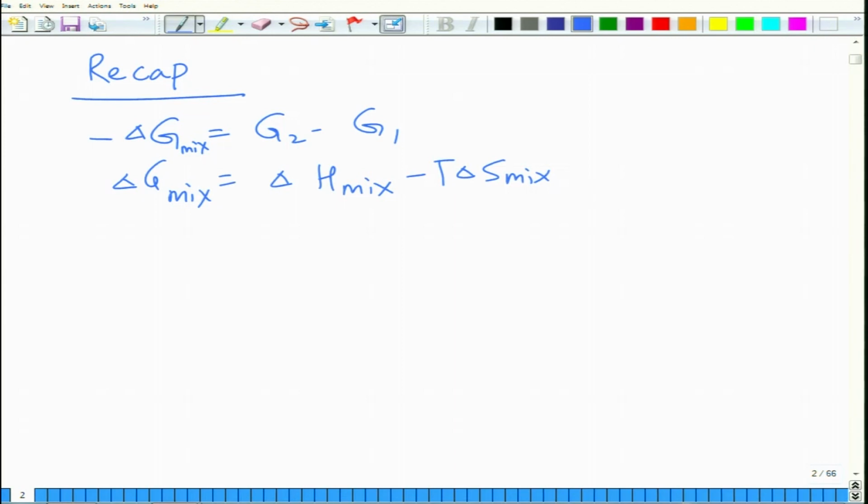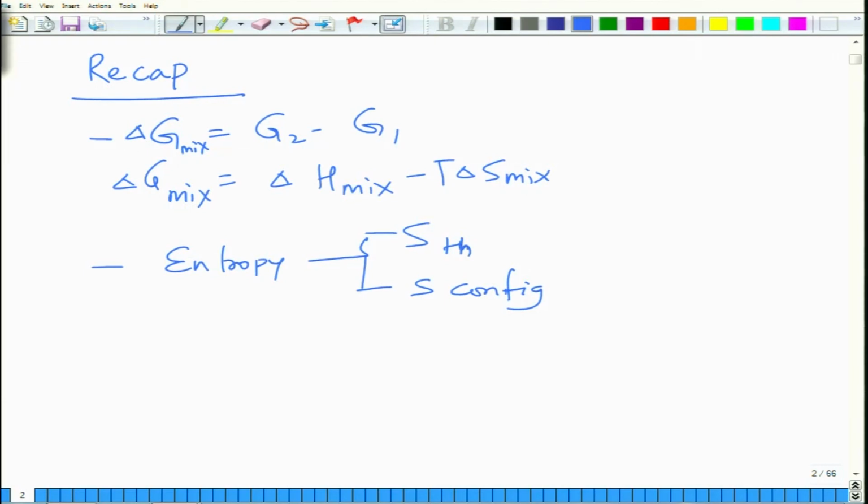And we first started with regular solution, for which we assume that delta H mix is equal to 0, which means there is no change in the enthalpy after mixing, and it remains the same, but there is a change in configurational entropy. We then moved on to entropy, and we said that entropy is thermal and configurational, and we have chosen to ignore the thermal contribution to entropy.